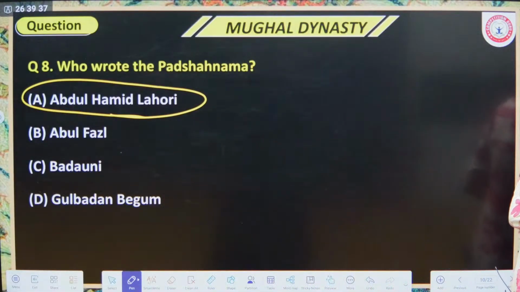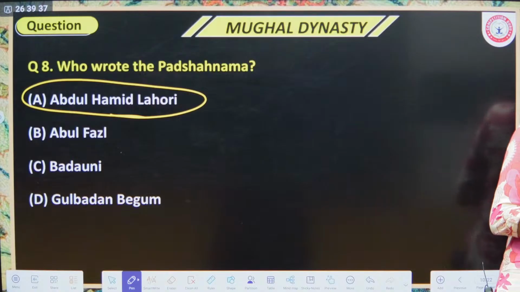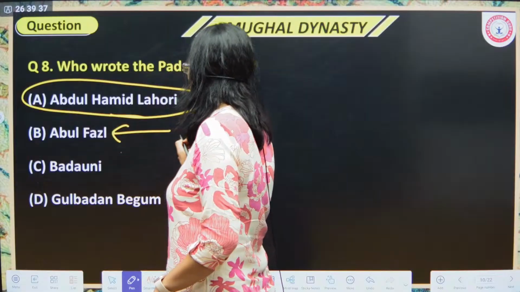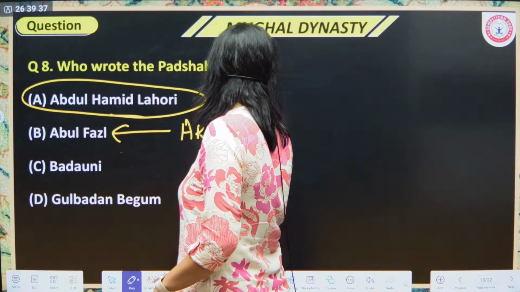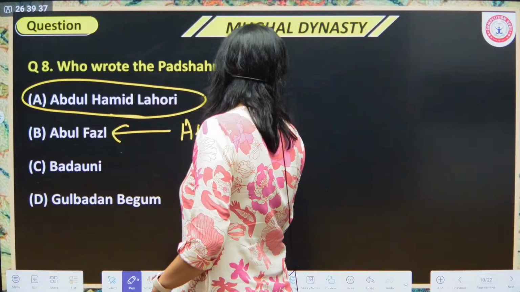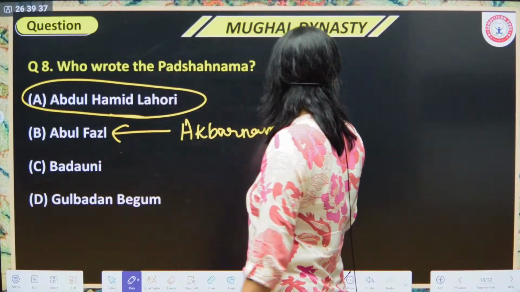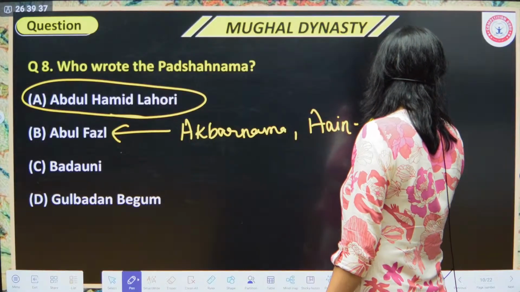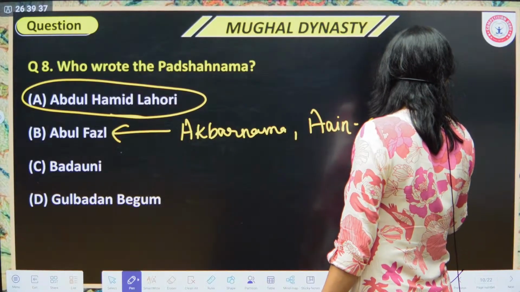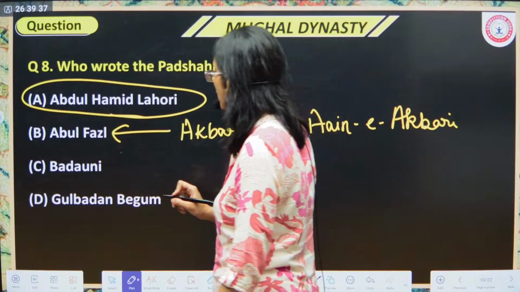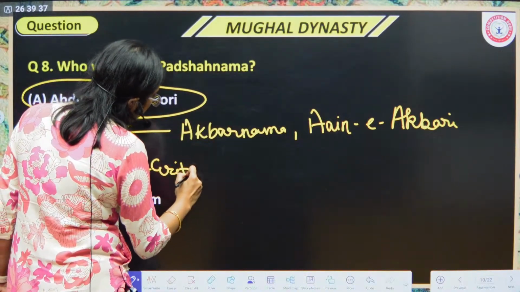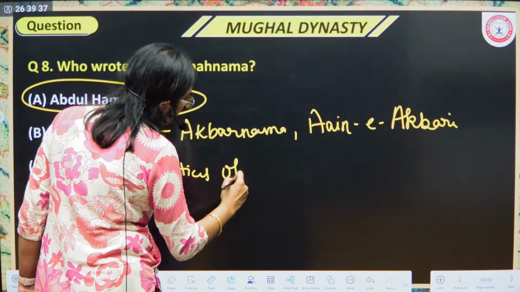Right? Abul Fazl wrote Akbarnama, Aine Akbari, right? Badayuni, critics of Akbar's policy.